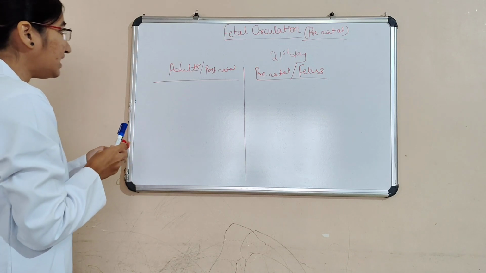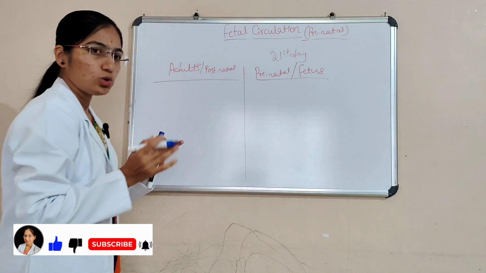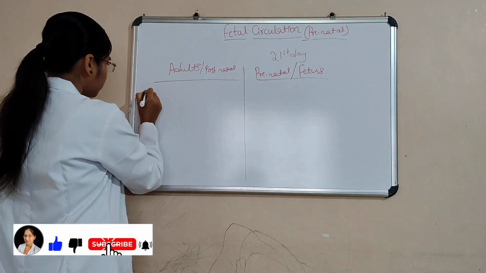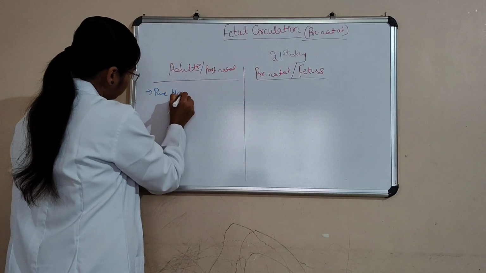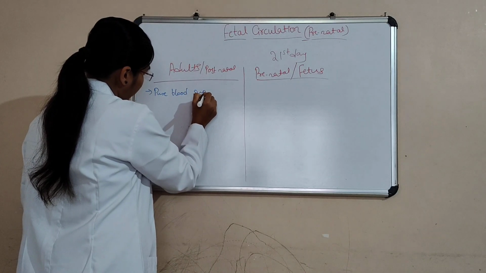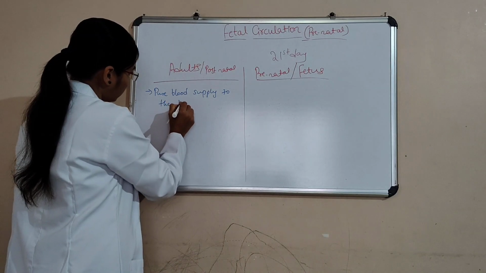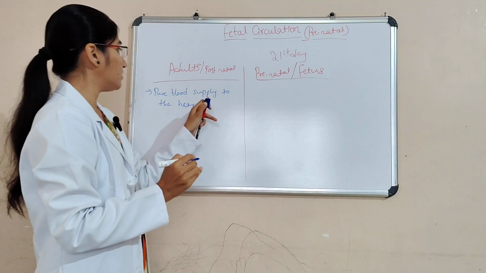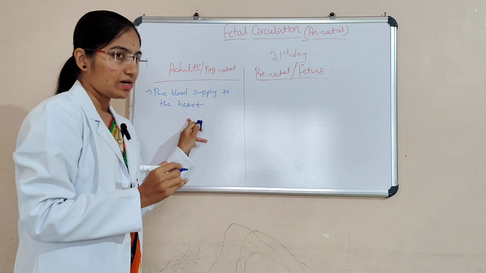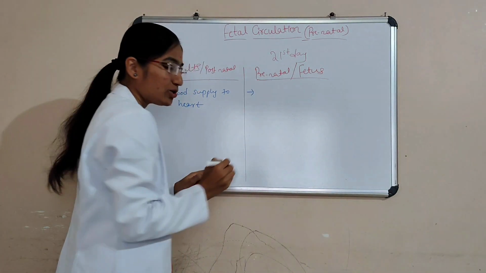Here, in adults, first pure blood is going to supply to the heart. Here in the fetus, pure blood is first going to supply to the liver.